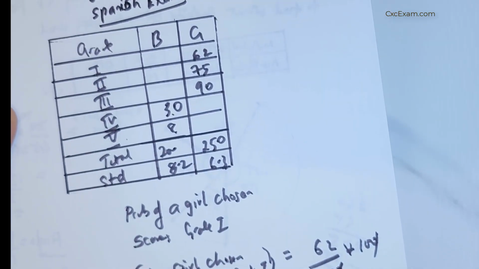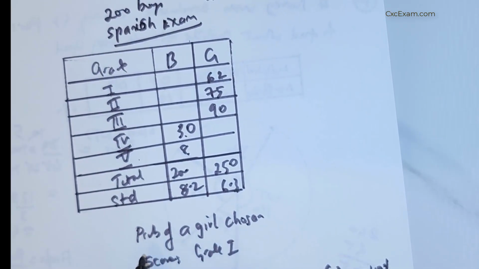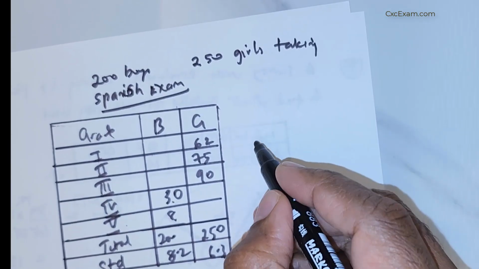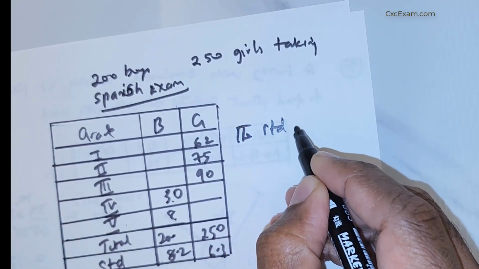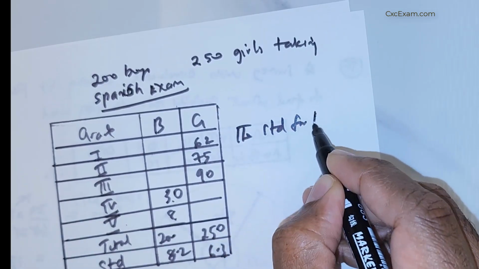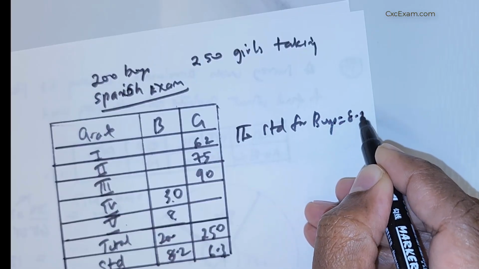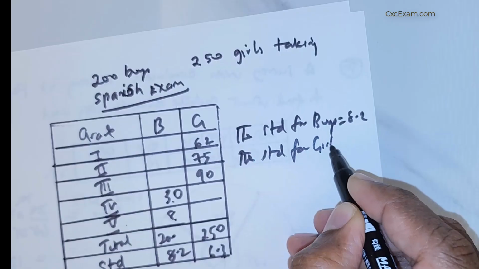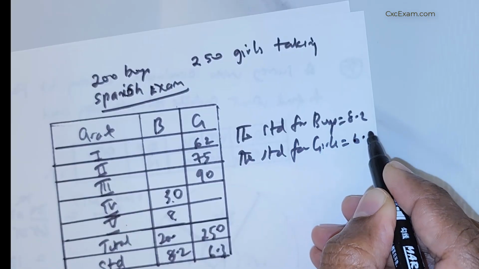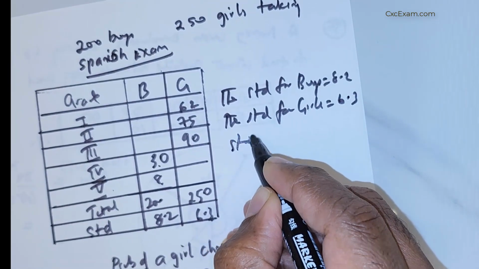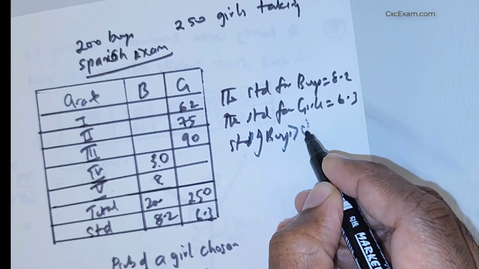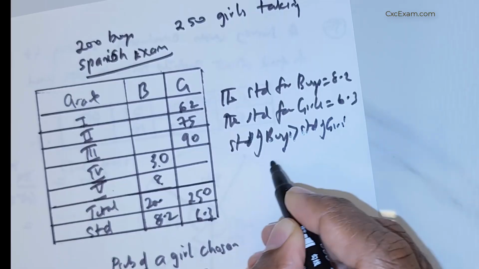Okay, the next point is we will have to actually talk about the standard deviation. Now the standard deviation for boys is equal to 8.2. The standard deviation for girls is 6.3. So standard deviation of boys is greater than the standard deviation of girls.